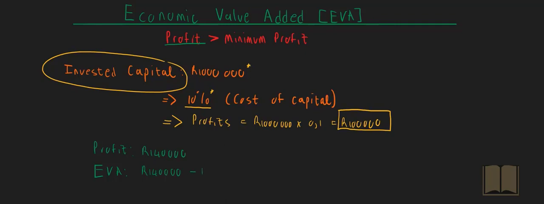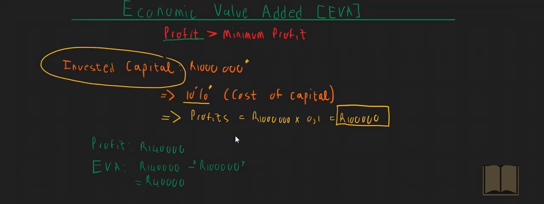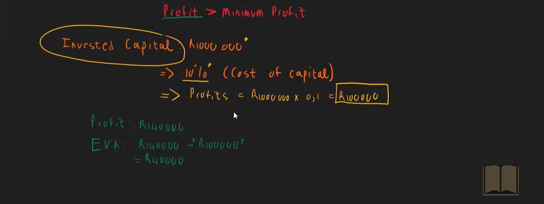The minimum profit that the providers of capital wanted is 100,000 rand, and therefore the economic value added, or the extra profit over and above the minimum profit, is 40,000 rand. Now let's capture this by means of a formula.